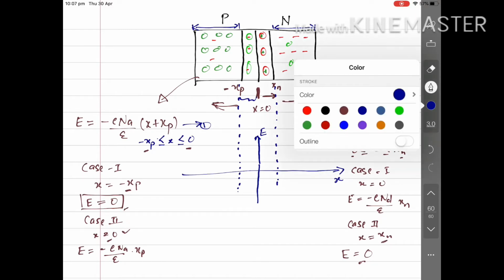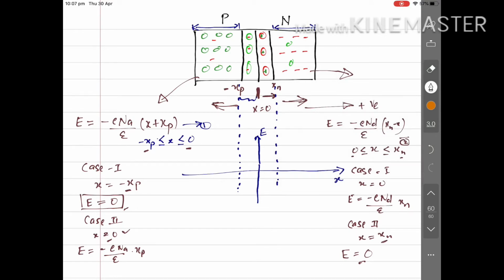So let me choose another color. The electric field till this point would be 0, till the point where there is no immobile charge carrier. Now what will be the value of electric field at the edge of the depletion region toward the N side and the P side?